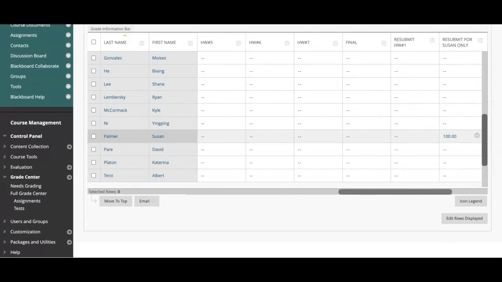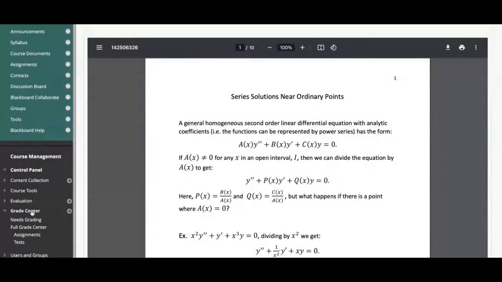On Blackboard it still says I have a 0 for that homework. Oh, okay, I see your point. I haven't moved it yet. I need to move this resubmission to homework 2. That's a good reminder.